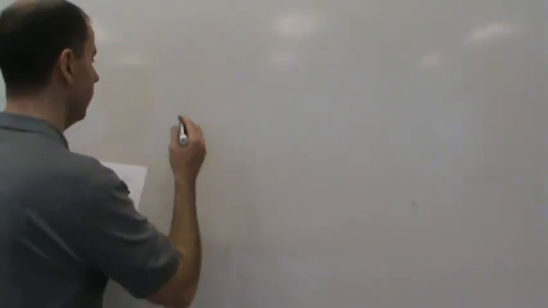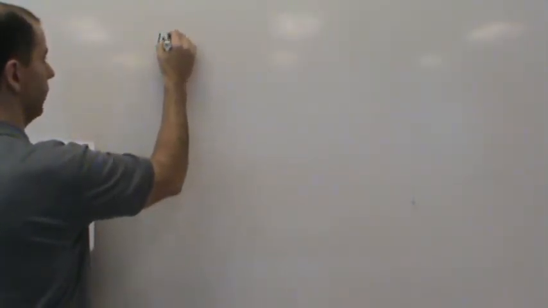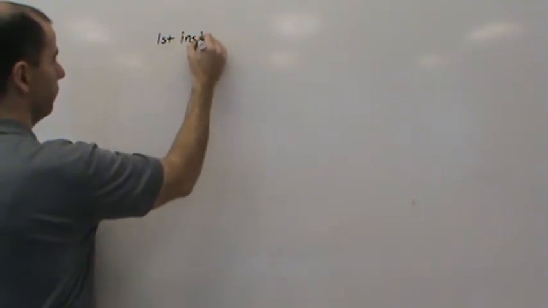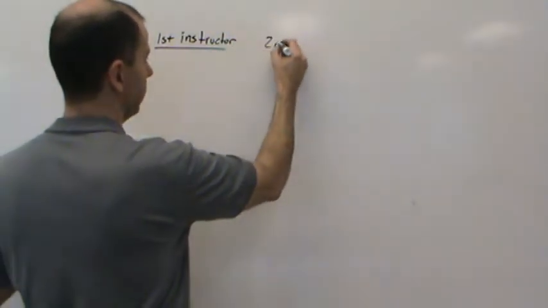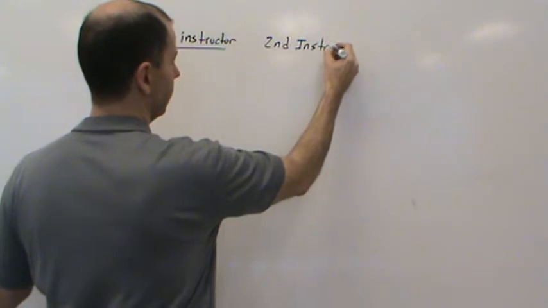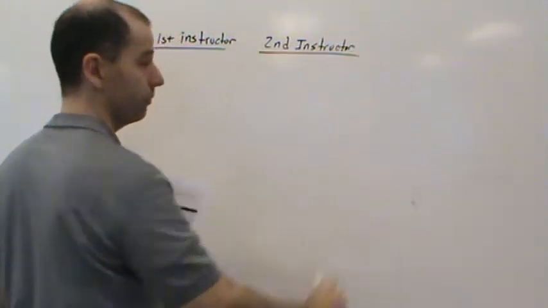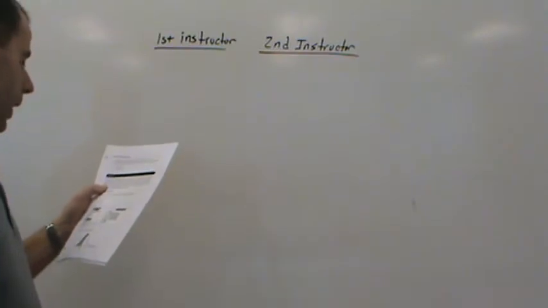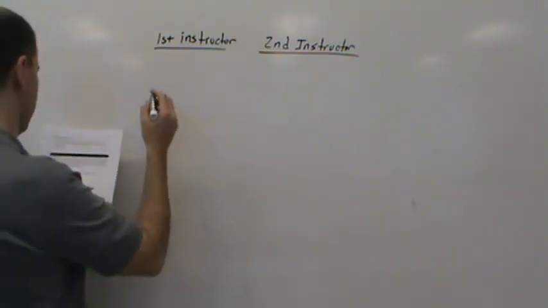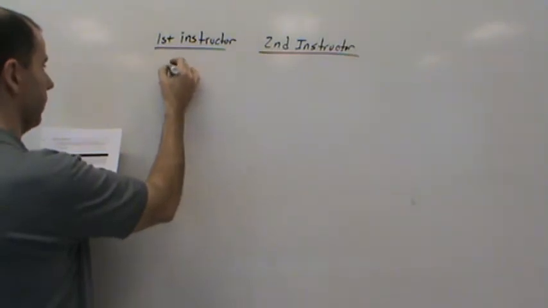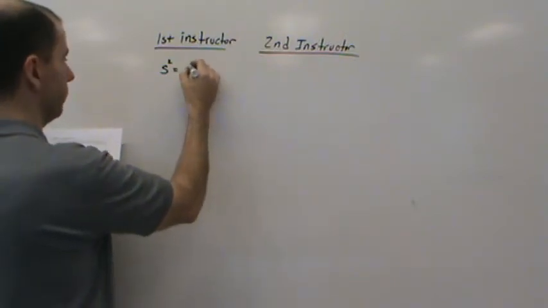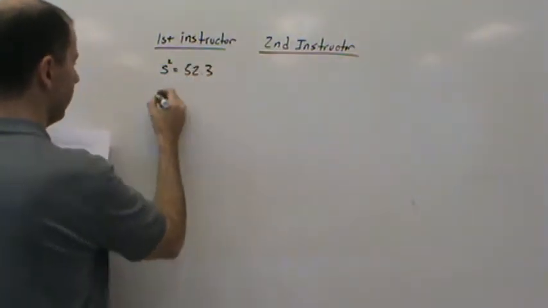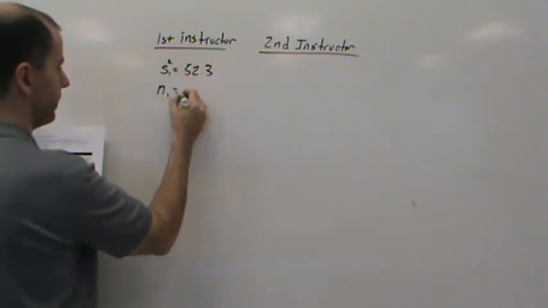The first instructor's grades have a variance of 52.3. So let's say first instructor, and we have the second instructor. Okay, so that's what we have. The first instructor had a variance of 52.3, and the N1 in this case is 30, right?